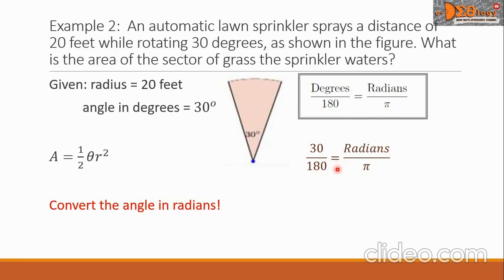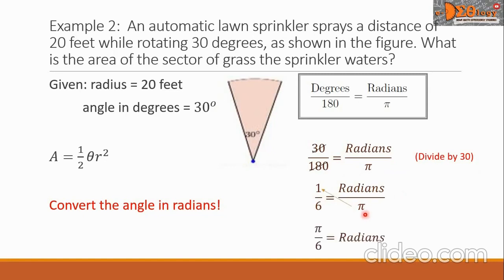The 30 over 180, if we divide both by 30, it will be reduced to 1 over 6 equals the right-hand side is radians over pi. Now this pi we will cross multiply to the left-hand side. So 1 times pi will be pi over 6. This is the value of this 30 degrees in radians.